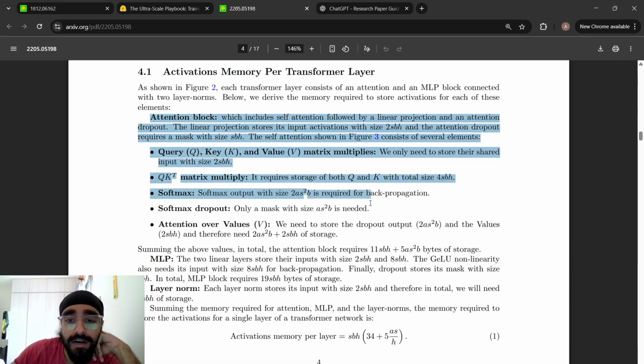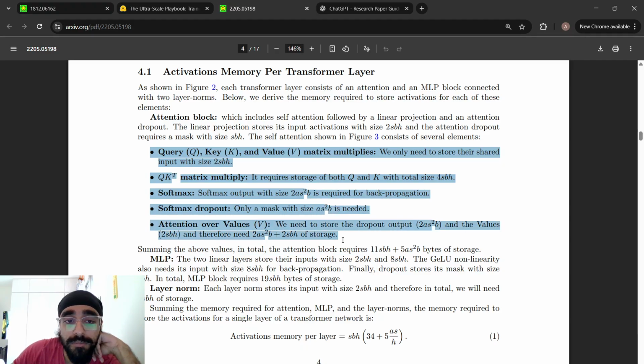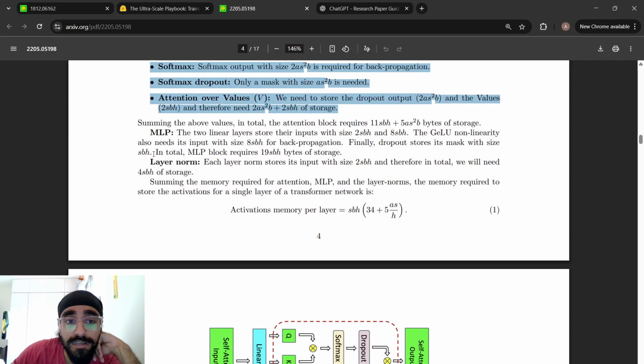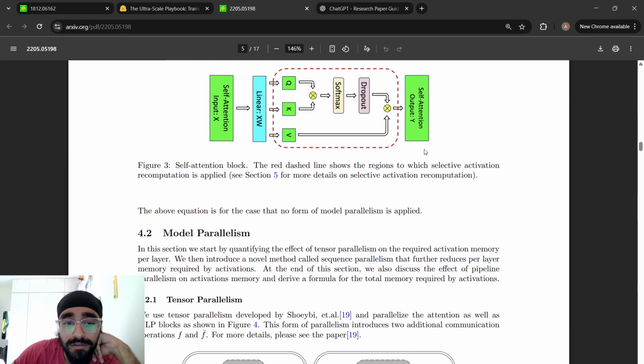So they are analyzing the activation memory per transformer layer. In the attention block, they're calculating how much activation memory each layer takes, and also in the MLP and also in the layer norm. This is the activation per layer.